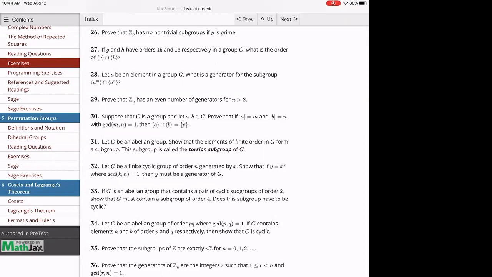All you know is that it could be the identity, or it could be something bigger, right? If the GCD is not 1, I can come up with examples where the intersection is not the identity, but I can also come up with examples where the intersection is the identity.